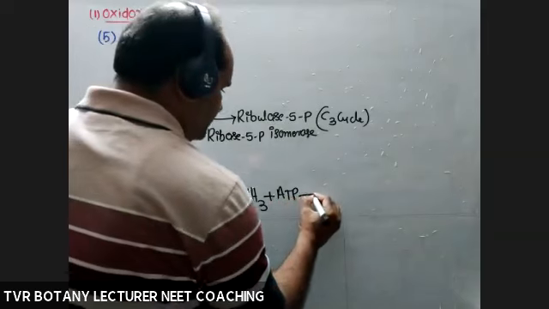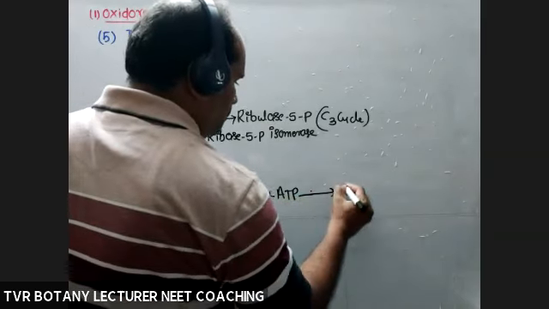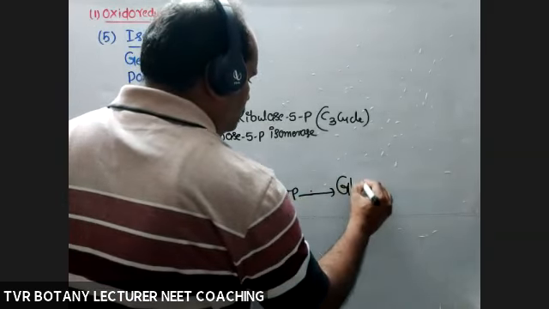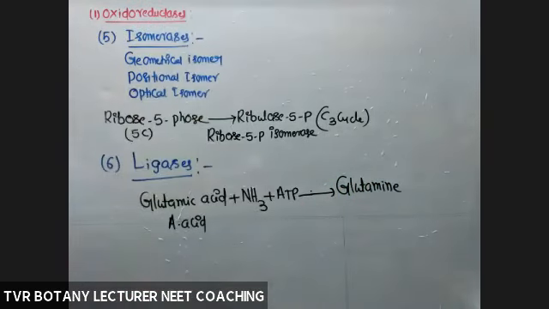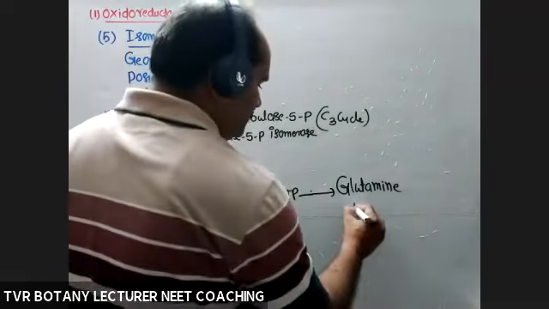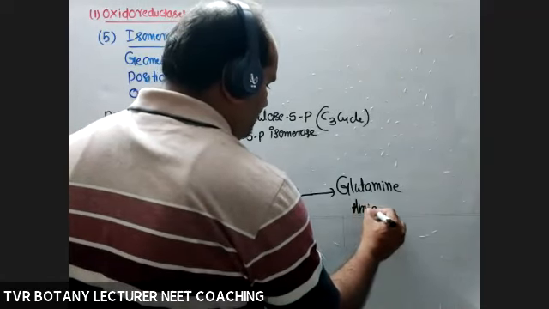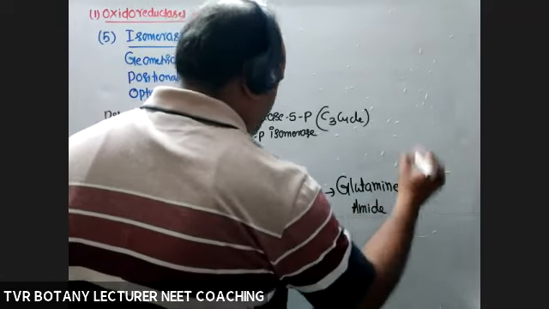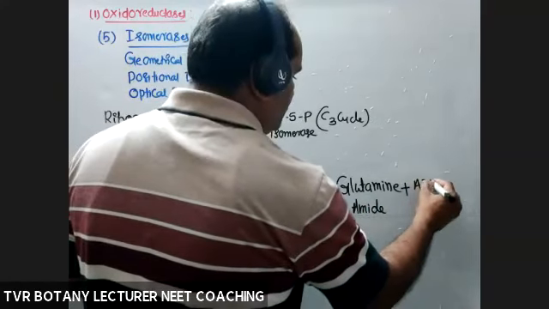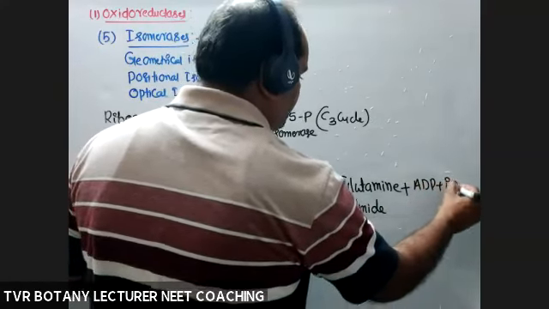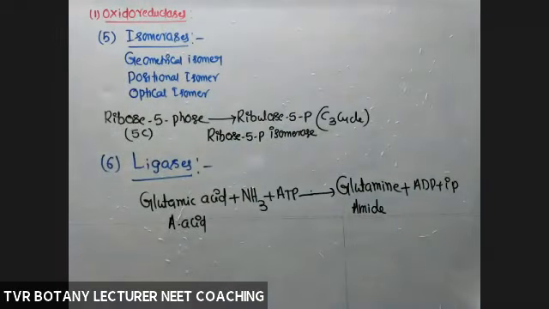So it gives rise to glutamine. So glutamine is an amide. Go back to mineral nutrition. Amide plus ADP plus inorganic phosphate. So during this reaction, one molecule of ATP is consumed.